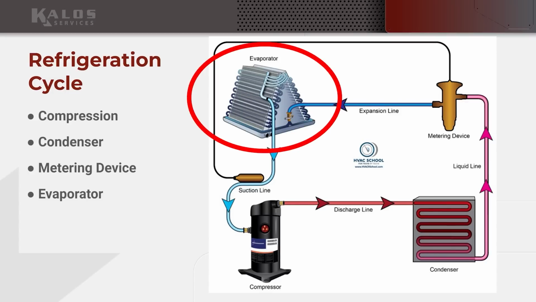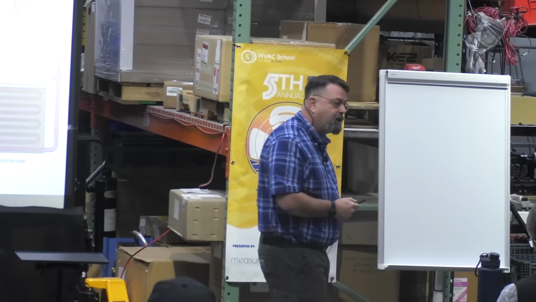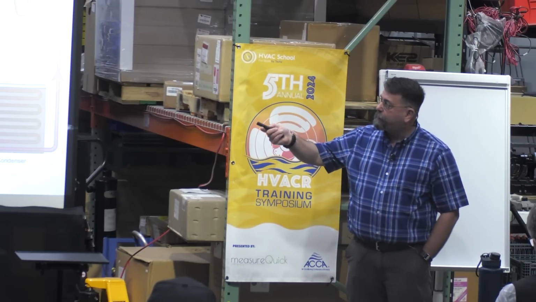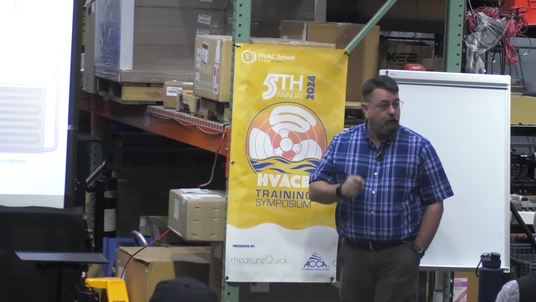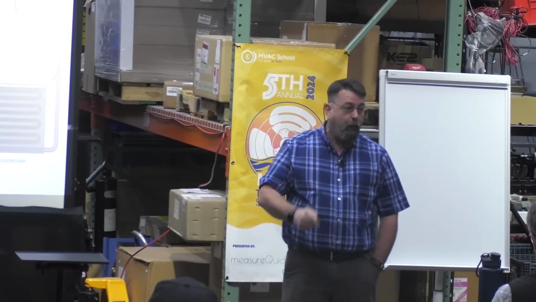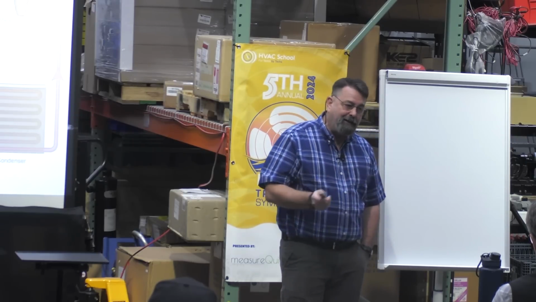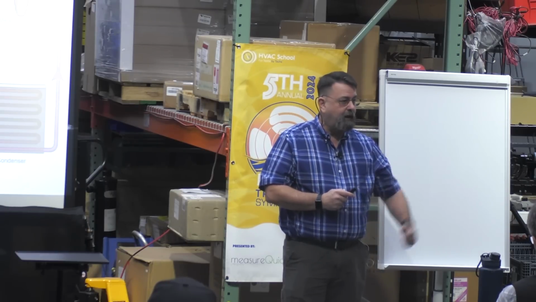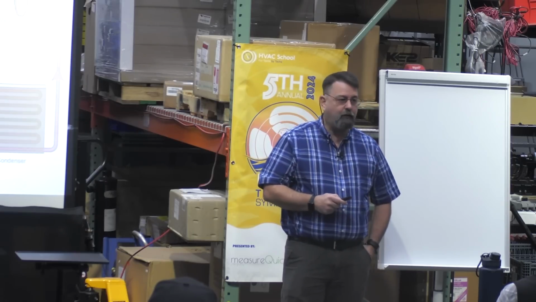That's huge. This is the key piece that is different from air conditioning to refrigeration. I'm going to control very precisely the temperature of that evaporator. I'm controlling the temperature the refrigerant is going to boil at, because of the PT chart, exactly by controlling my pressure. That will be the temperature that refrigerant boils at.